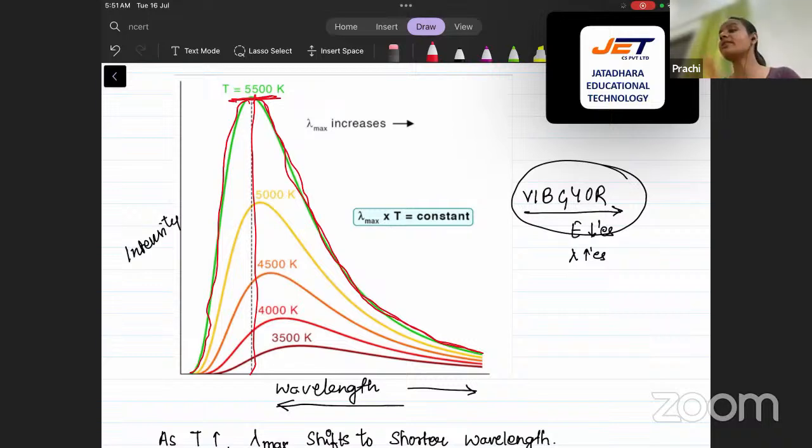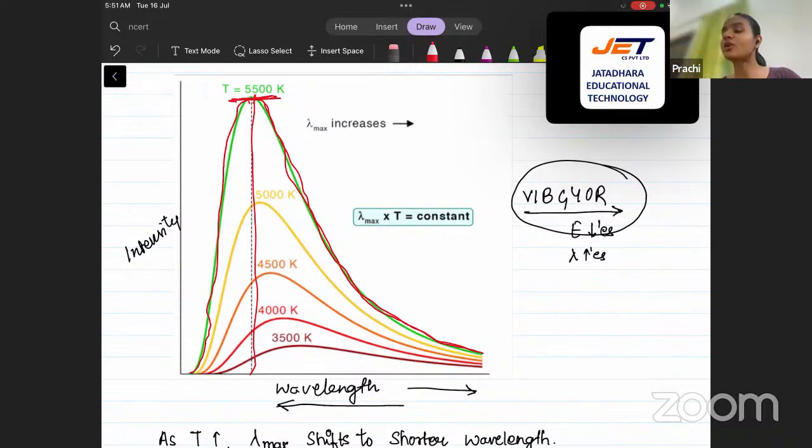So this is the plot that they were observing, right? This is the experimental data. First the intensity increased, it reached a maximum point, and then it starts decreasing.